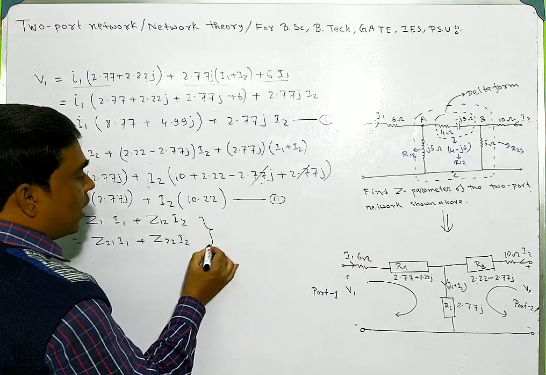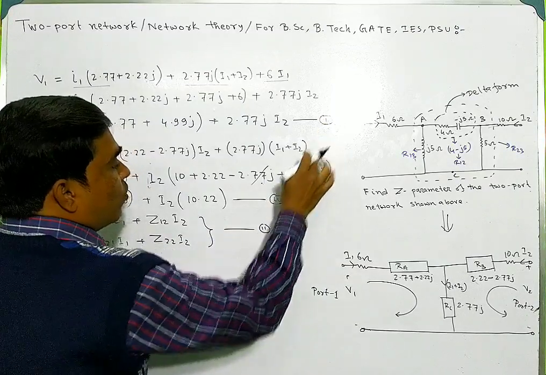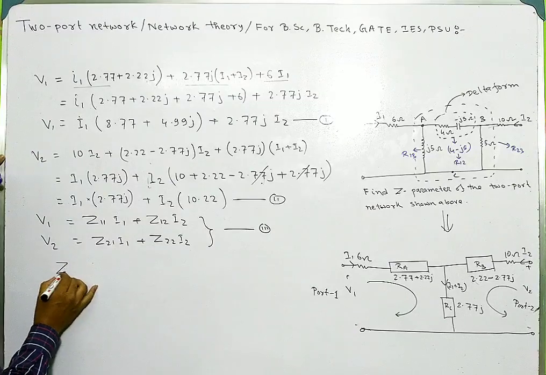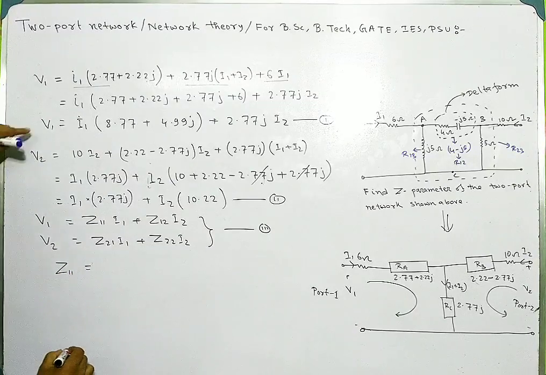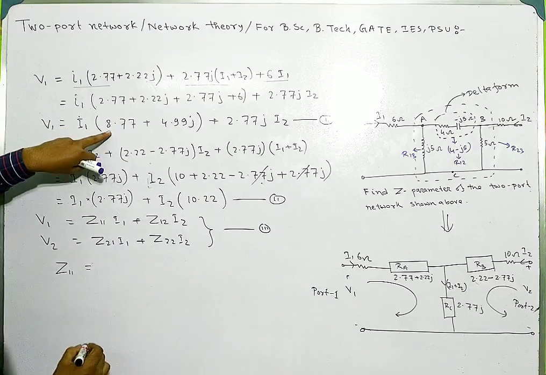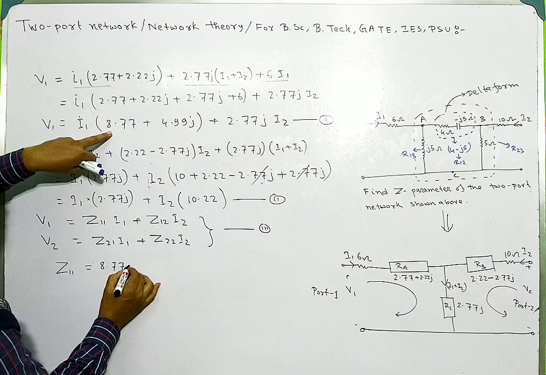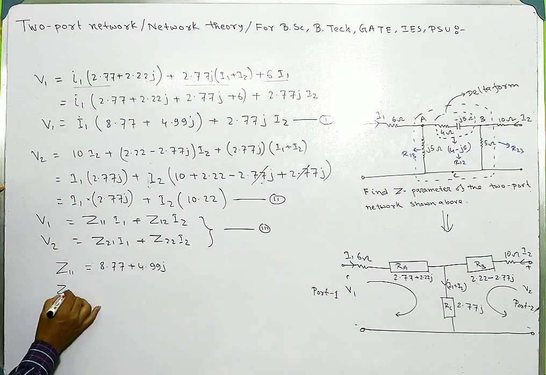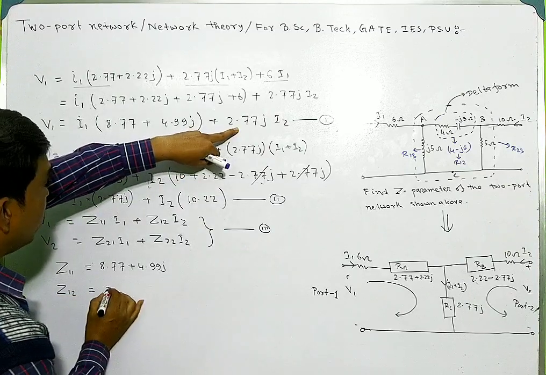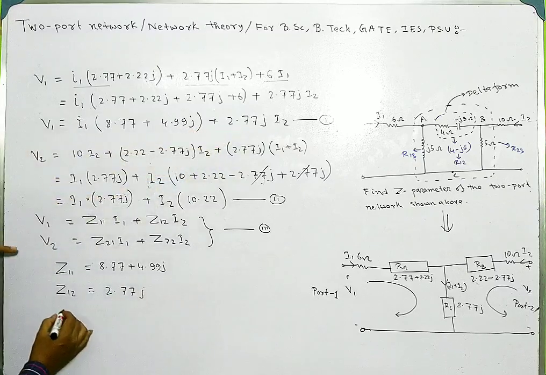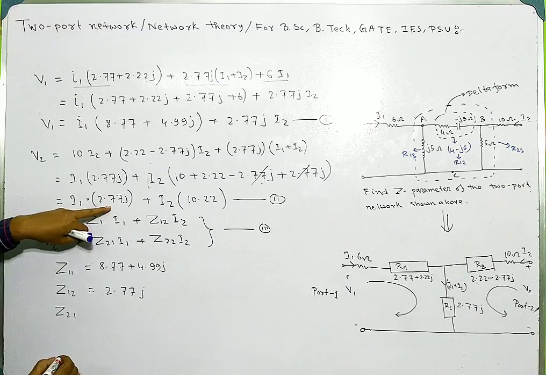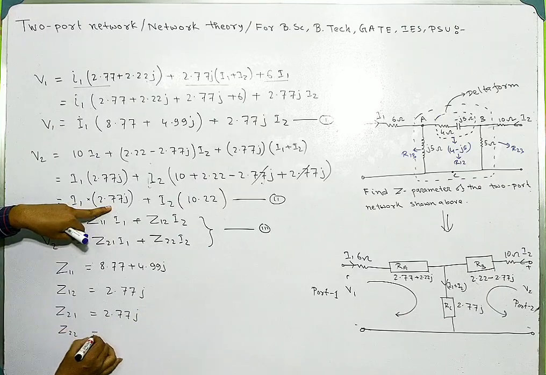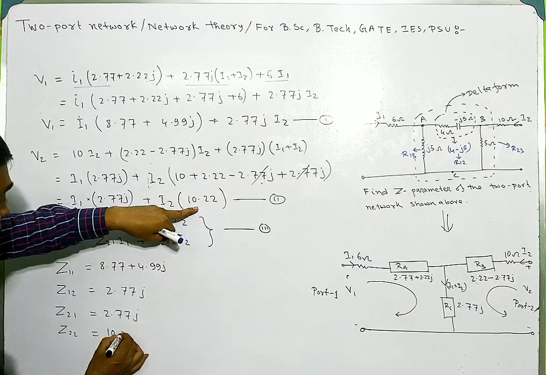So if I compare these two equations 1 and 2 with this equation number 3, then we can write that Z11 is equal to 8.77 plus 4.99J, okay, and Z12 is given by this, so it will be 2.77J, and Z21 is 2.77J, and Z22 is given by this, it will be 10.22.